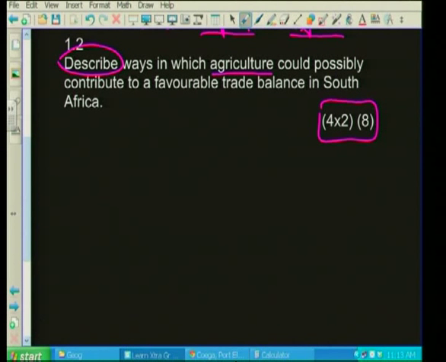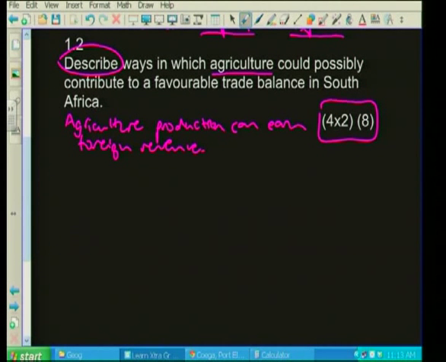Okay, so to answer question 1.2, we could say something like agricultural production basically can earn foreign revenue. In today's day and time, remember, climate change is a big issue. So obviously, if we're growing food which countries can import or buy from us because they are having droughts or heat waves or bad climatic conditions associated with climate change and global warming, we can make more money from agriculture if we're selling that product to a foreign nation.